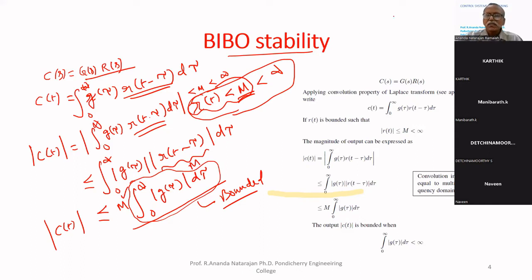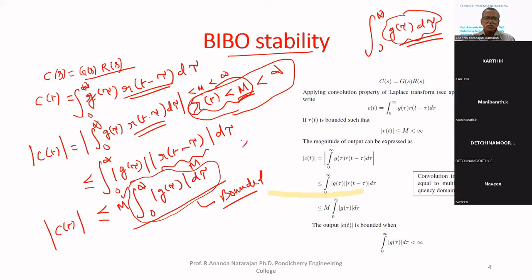What is this? The integral from 0 to infinity of G of tau d tau, what is this? This is nothing but the impulse response.